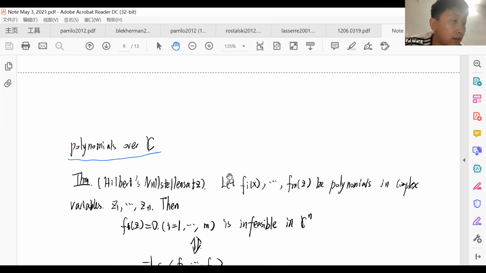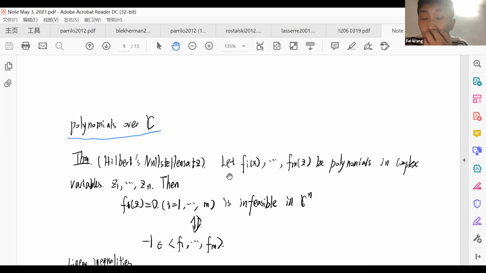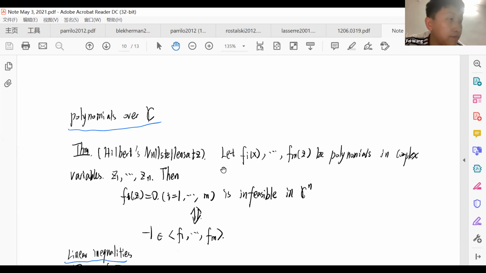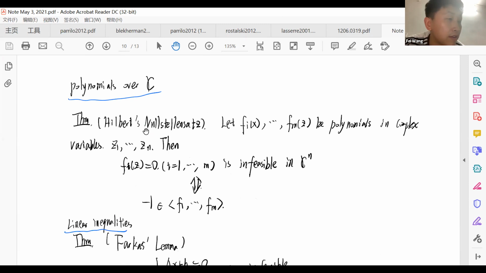Okay. This is for linear equalities, and for polynomials over C, we have this theorem called the Hilbert Nullstellensatz. Let f1, ..., fm be polynomials in complex variables z1, z2, ..., zn.